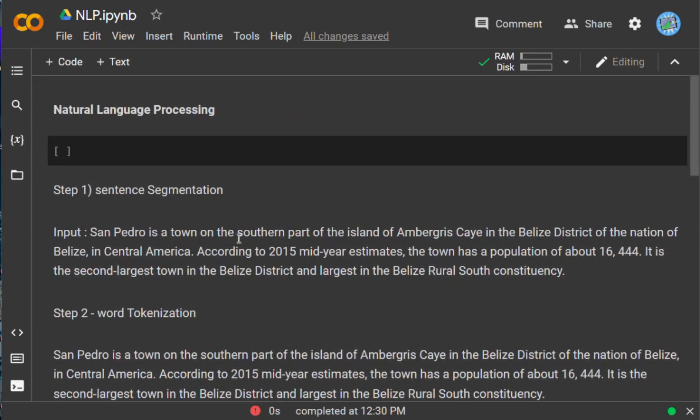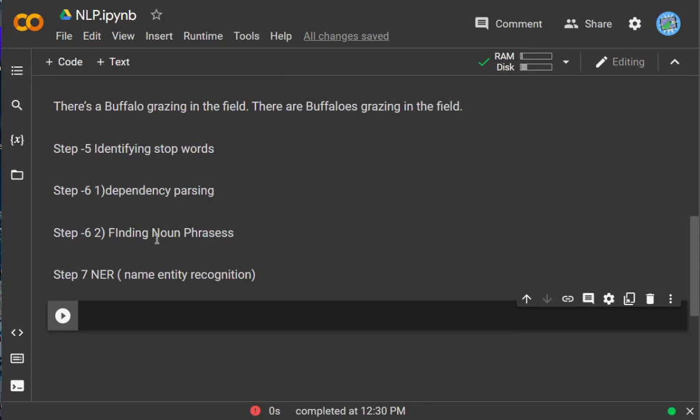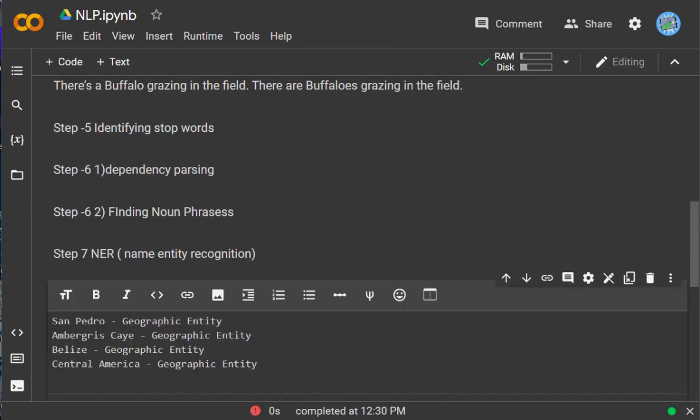So if we go with this San Pedro example and we look at this NER model, NER will map like this. So in the above example, if we only take the city names, what the NER model will do is map San Pedro to geographic entity, Ambergris Caye to again geographic entity, Belize to geographic entity, Central America to geographic entity.